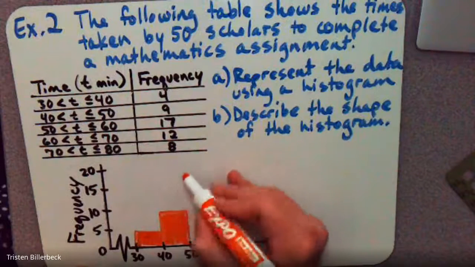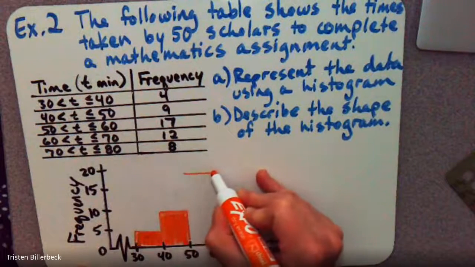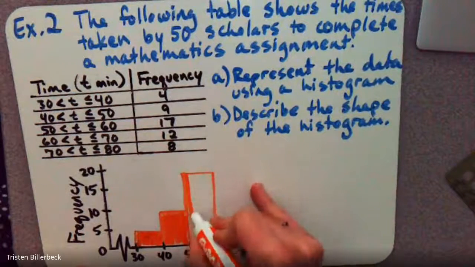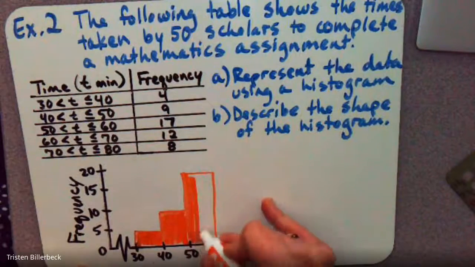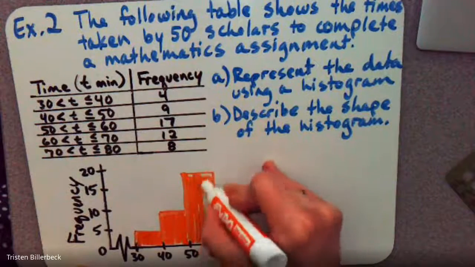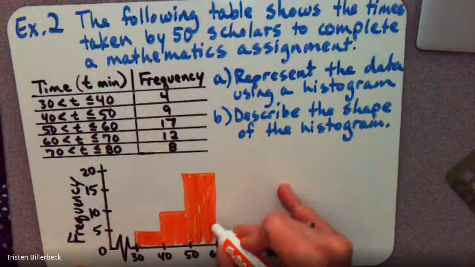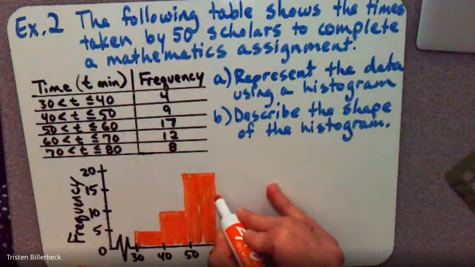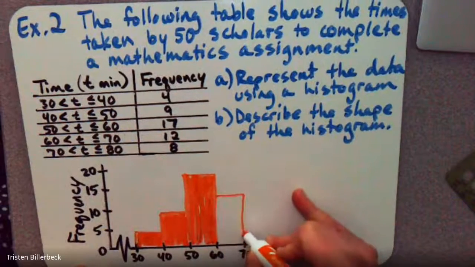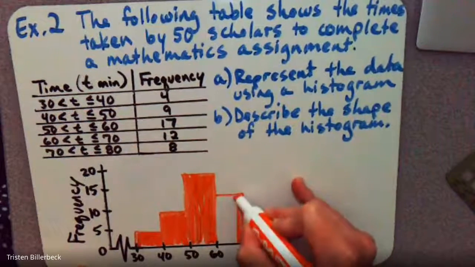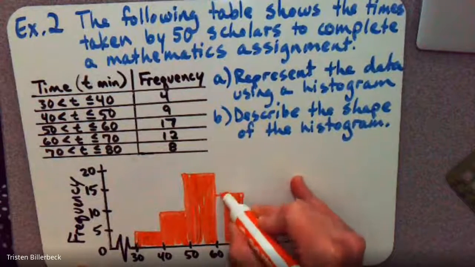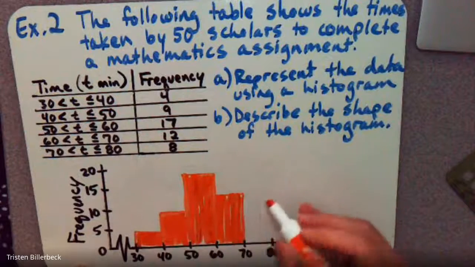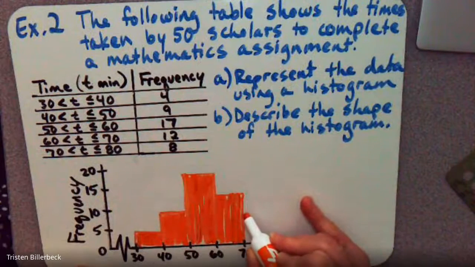So we go way up here. Okay, and between 60 and 70, we have 12, which is right about here. Okay, and 70 to 80, we have 8 people, so right about here.